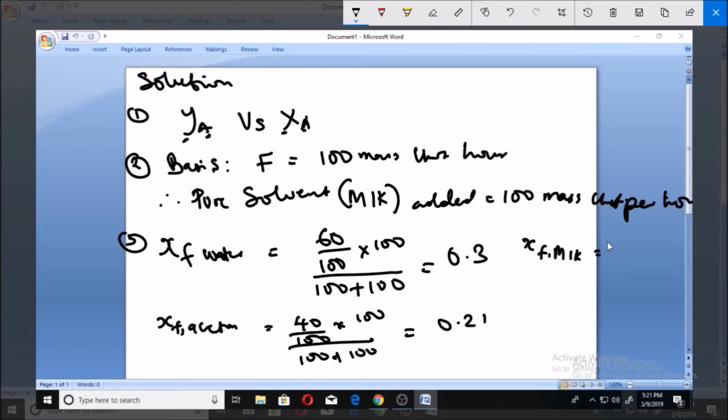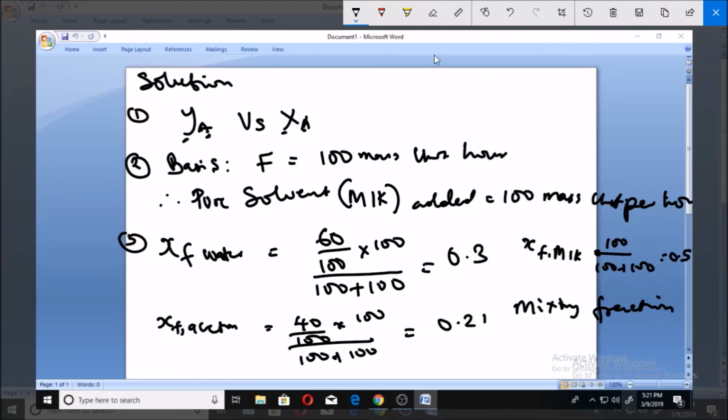We know that is pure solvent, so it's simply 100 over 100 plus 100, which will give us 0.5. So these are the missing fractions. We just found the mixing fractions. At the point of mixing, that is what we'll have. We are going to take note of this so that we can move forward.